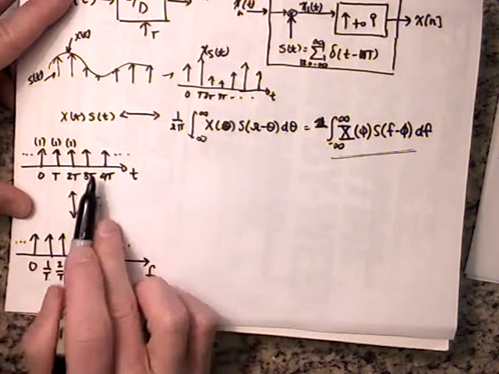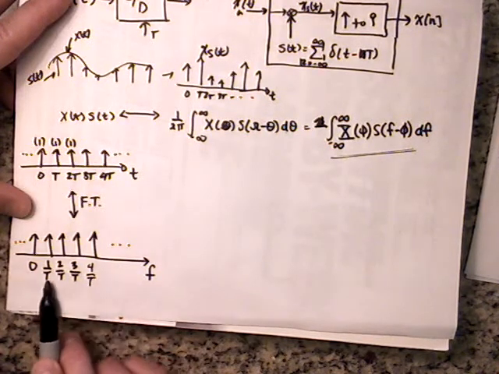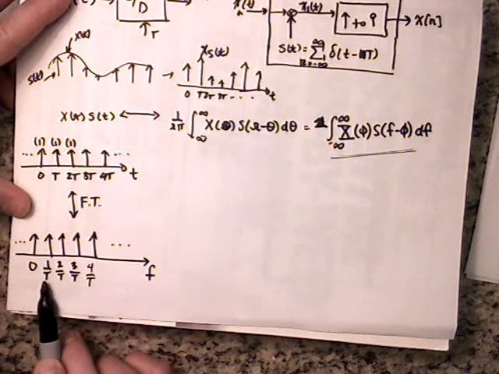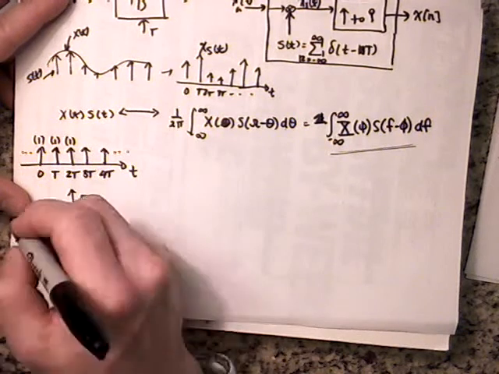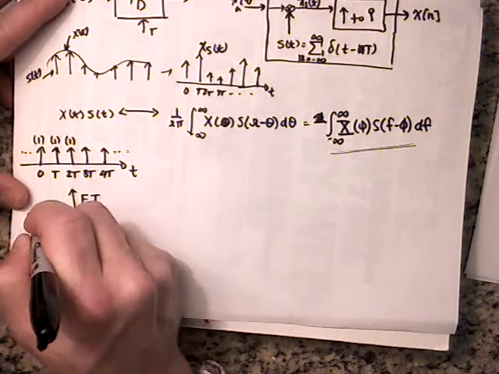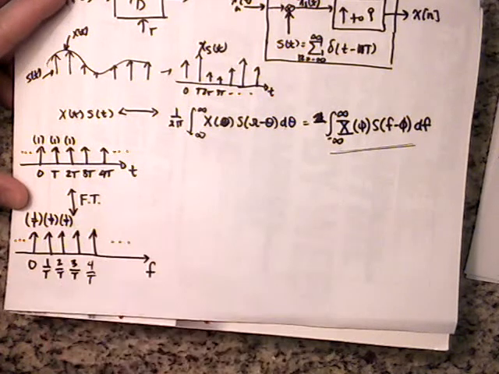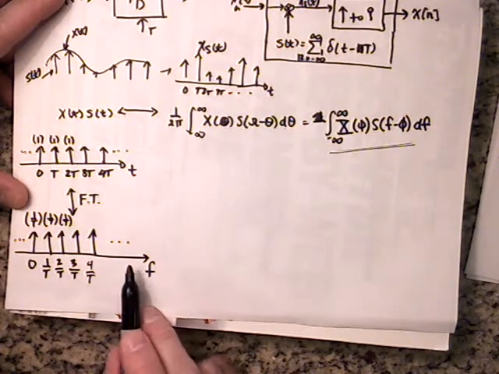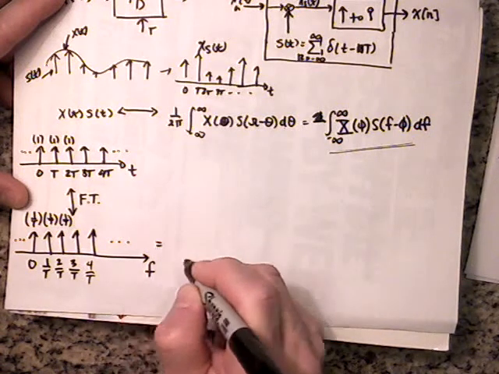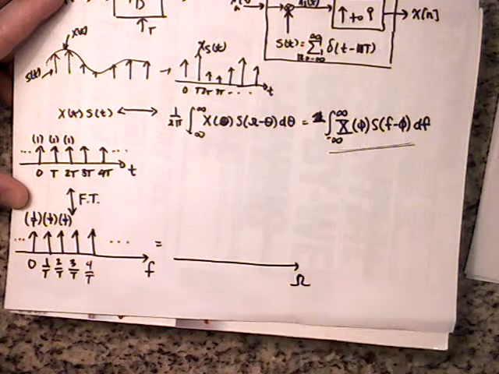So this is periodic with period T, so it should have energy at harmonically related frequencies corresponding to the fundamental, which is 1 over T. And the areas of these impulses are 1 over T. Now if I were to write this in radians instead of hertz, instead of f, I'll use the variable omega.